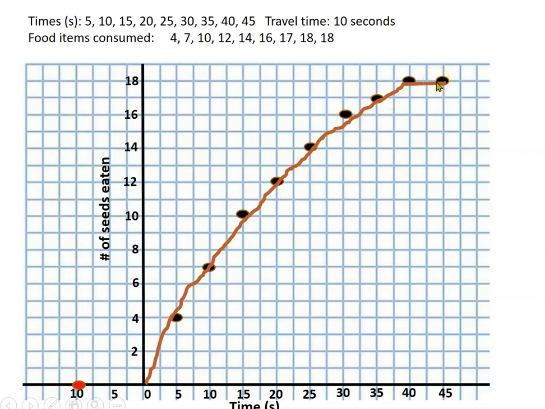As basically the bird in this example, the animal, will start to slow down in terms of how much food or how much energy is being consumed, right?